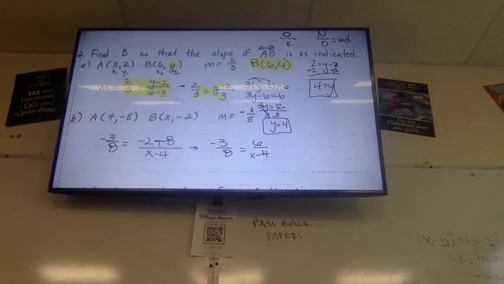Now in this one, can I just cross out a numerator or cross out a denominator? No, I'm going to have to do my long multiplication. That's okay, it'll be fine. -3 times x minus 4 equals 8 times 6, which is 48. Solve.